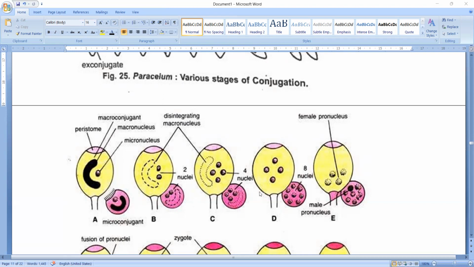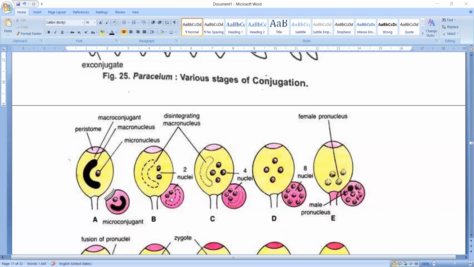Here the male conjugate reaches the female one, and with this special opening the plasma membrane is dissolved.